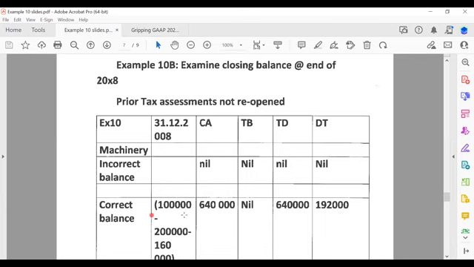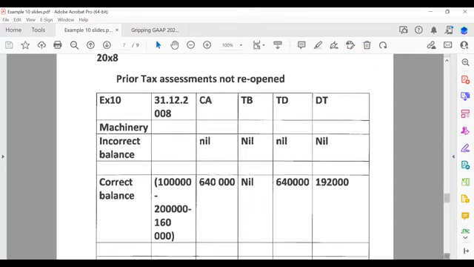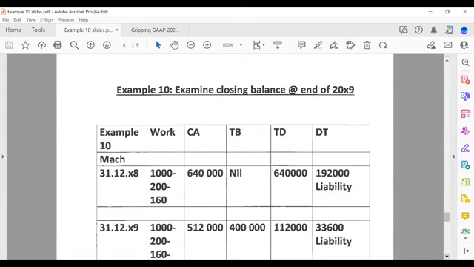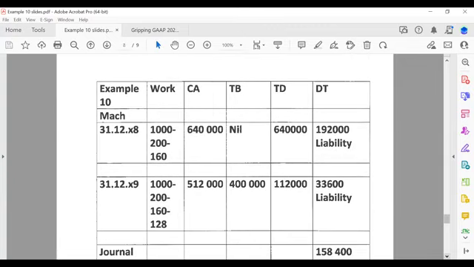So this line item is now going to be our opening balance for deferred tax when we do our calculation now. So if you scroll down on the handout that I provided you with, you will see our opening balance now is the 192,000 deferred tax liability that we processed.